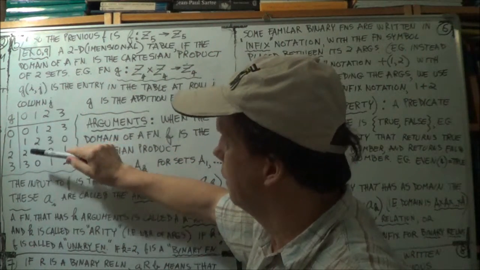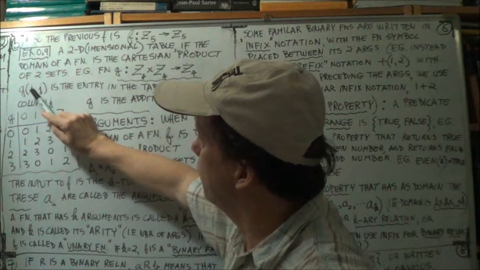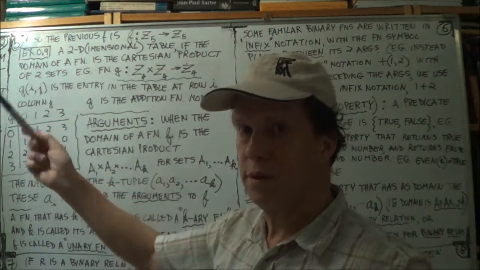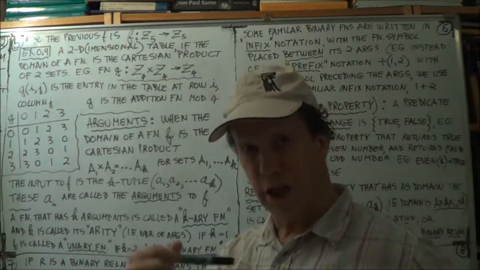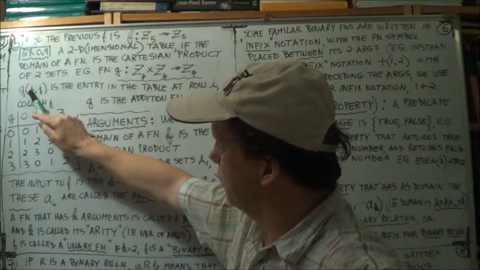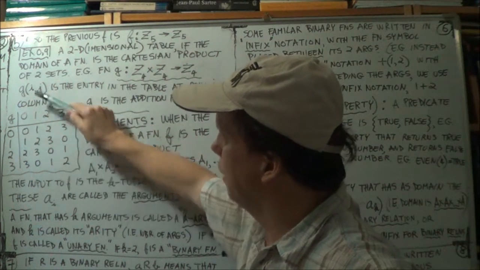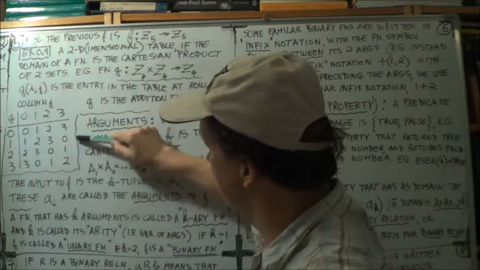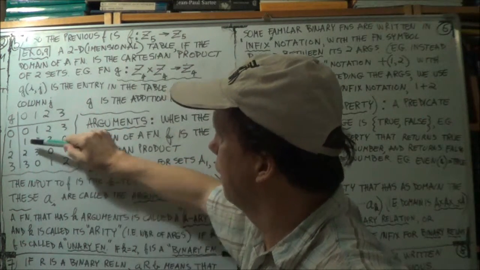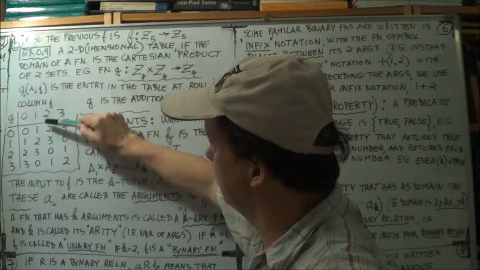Okay, and I'll say it again. Imagine the input is (1, 2). That's your ordered pair coming in. So your i then is 1 and your j is 2. So you look at the 1 row, that's this row here, and the 2 column, here's 2, and this column.